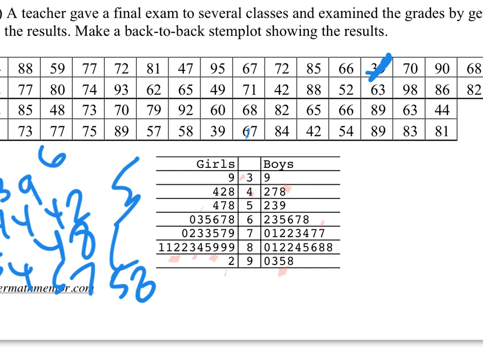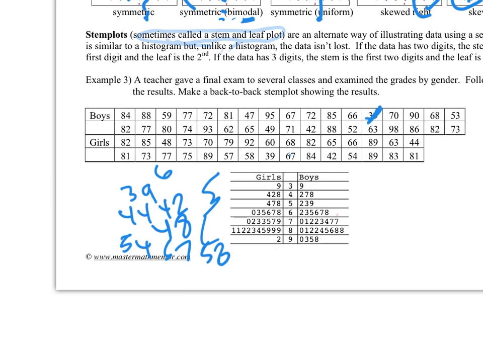How would I find the median of the boys' grades? Somebody real quick. Do I know how many there were? Did he tell us in the reading? Can you count them?